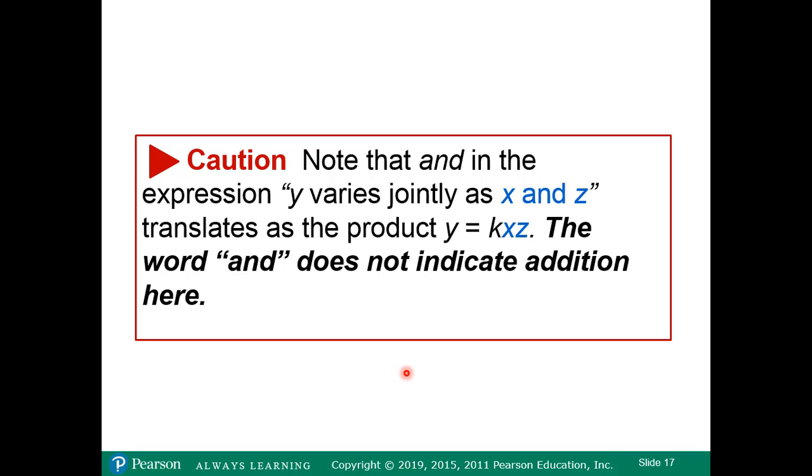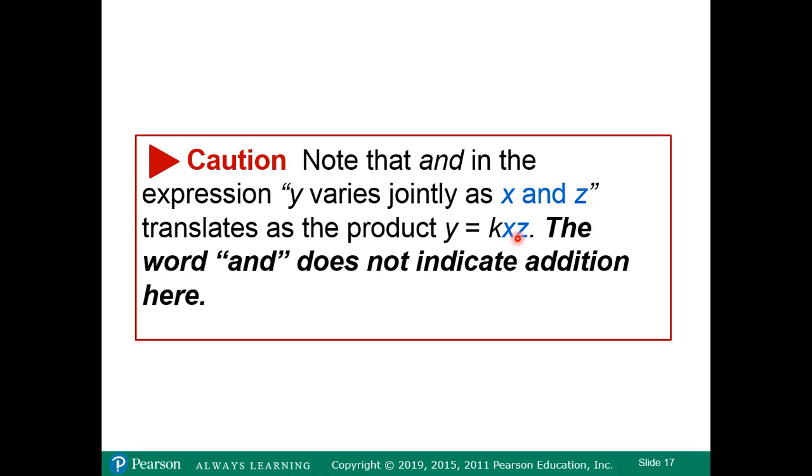Now we have to make a caution here though. Note that the expression y varies jointly as x and z translates as the product y equals kx times z.